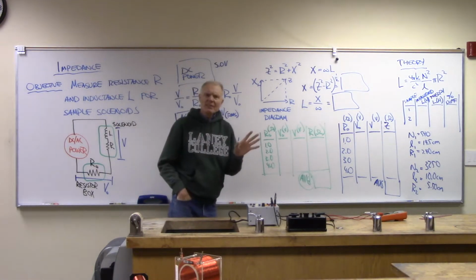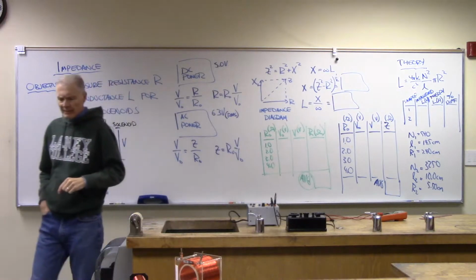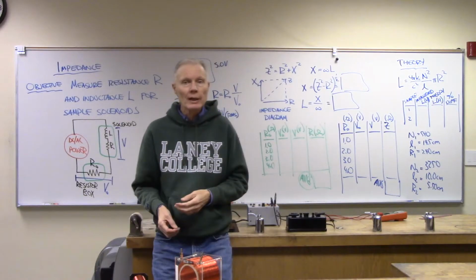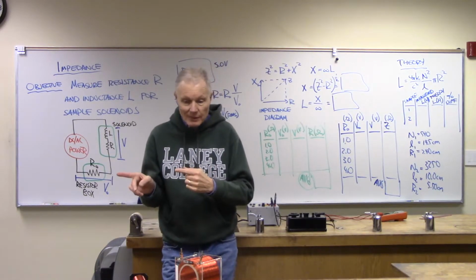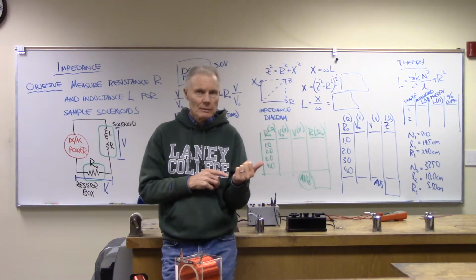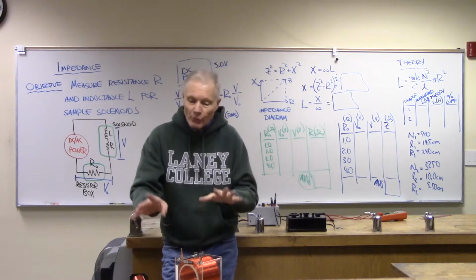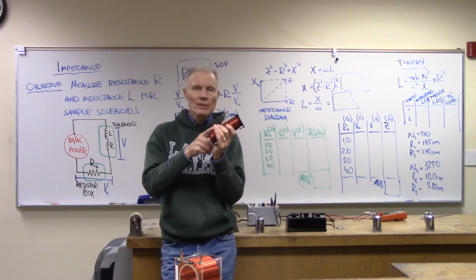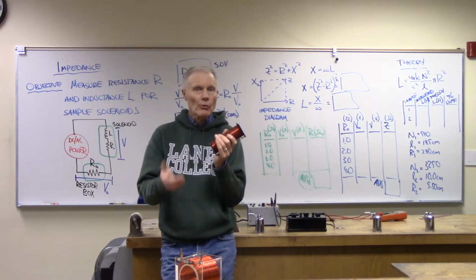We said that the way this gets combined, because it's oscillating current, is that the resistance is out of phase with the reactance in the inductor. So each of these solenoids, in addition to being a resistor, is an inductor.